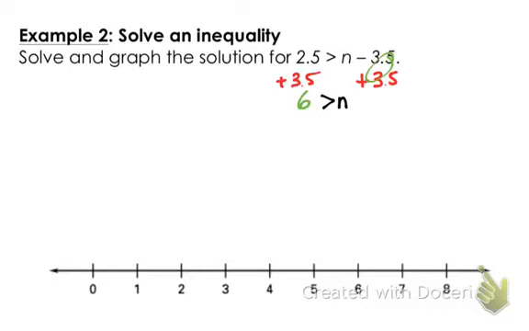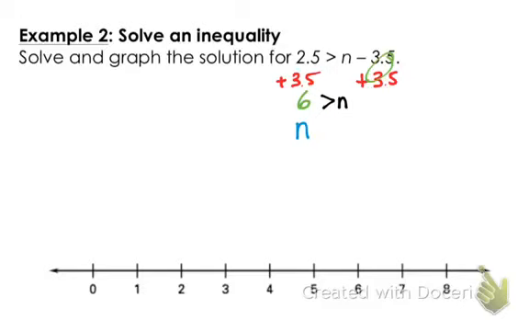Now we always read our inequalities from left to right. I highly suggest that when you are solving an inequality and you realize that your variable is on the right, you are going to have to switch our inequality around. But the thing is, you have to be very, very careful. So I'm going to write my n because I want it on the left side of my inequality. And now pay attention to the inequality sign.